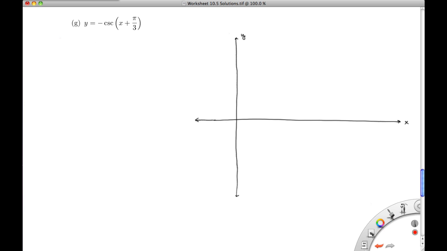Our a, the lead coefficient, is -1. So again, we're going to look at this and think this implies that we're going to have an x-axis reflection somewhere along the way. Our amplitude, and again, amplitude doesn't really work here, so I'm going to remove that because this curve goes up to positive and negative infinity, so this is going to be no vertical stretch.